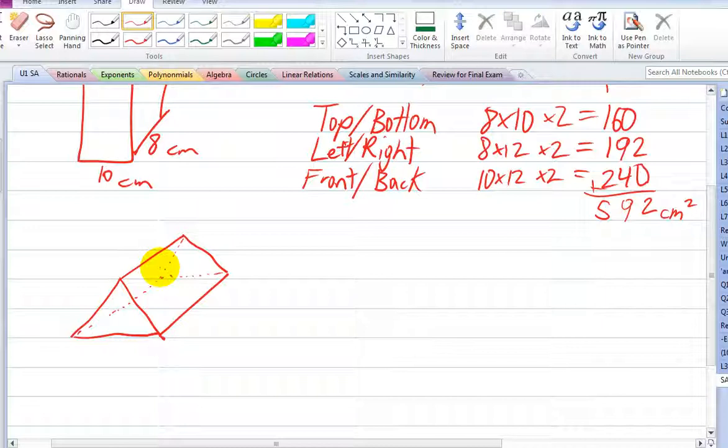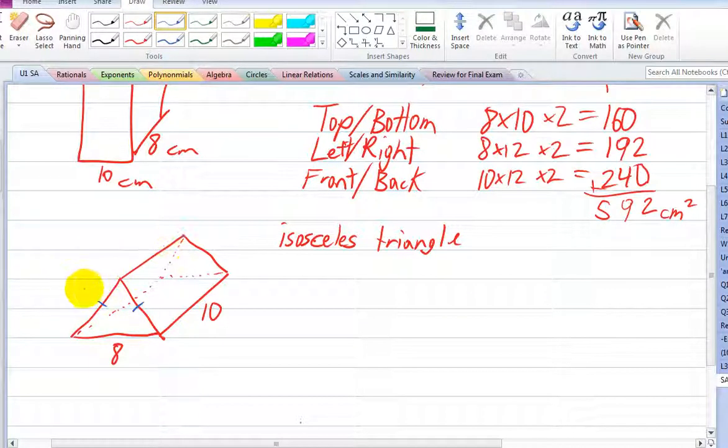So let's put some numbers on there. Let's say this is 8. This is 10. Let's say it is an isosceles triangle. Do you know what isosceles means? 2 equal sides. So these sides here are equal.